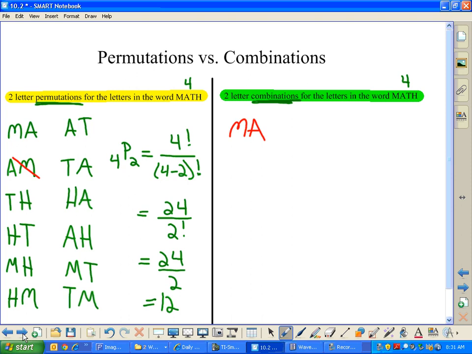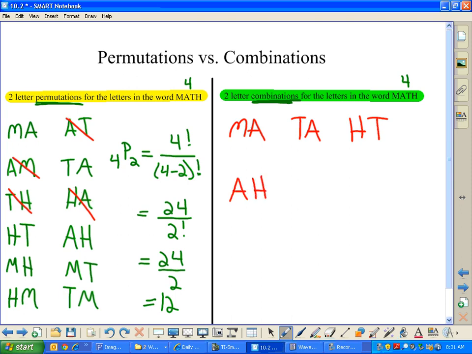And out of the AT/TA arrangement, I just need 2 of the letters. And out of the TH/HT, I just need those 2 letters to be represented. Order doesn't matter. Order is not important here. And then out of the AH/HA, we can get rid of that one. I just need the A and the H.